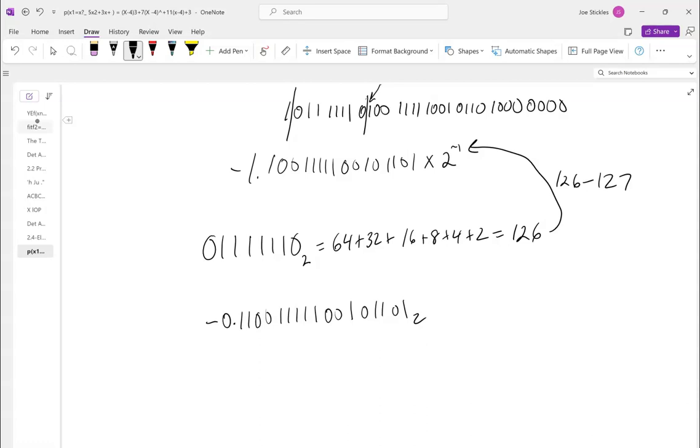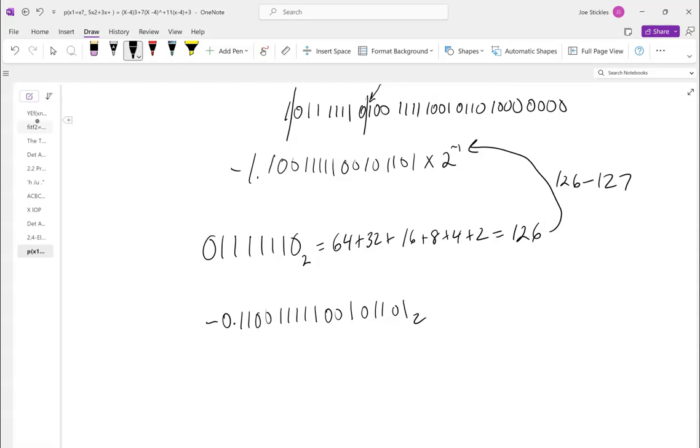In decimal, what does this one represent? A half, right? This represents a quarter, an eighth, a sixteenth, a thirty-second, a sixty-fourth, and so on down the line, right?